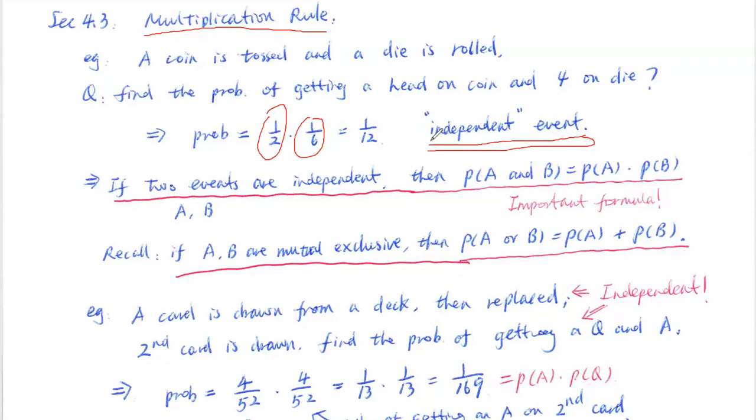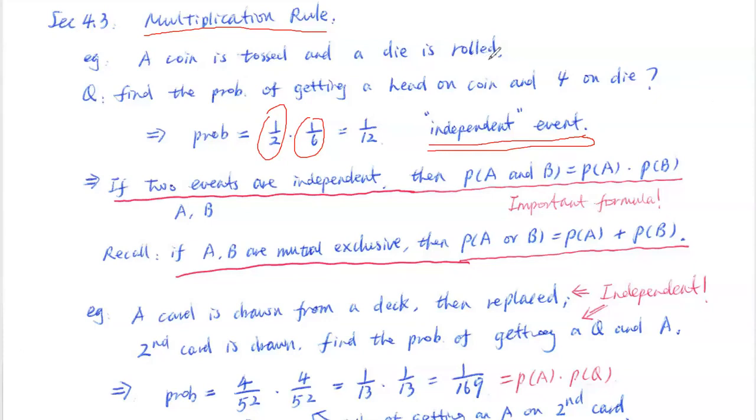What does that mean? You can understand that as, if two events A and B, which one happens first doesn't matter. In that situation, we say those two events A and B are independent. Let's check if that's the case here. I toss the coin, I roll a die.